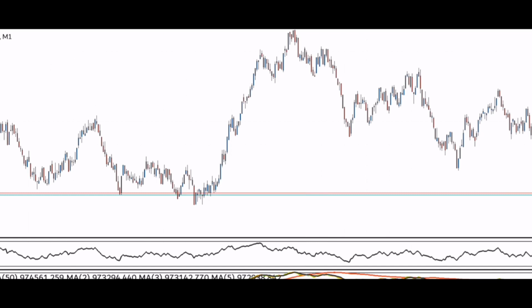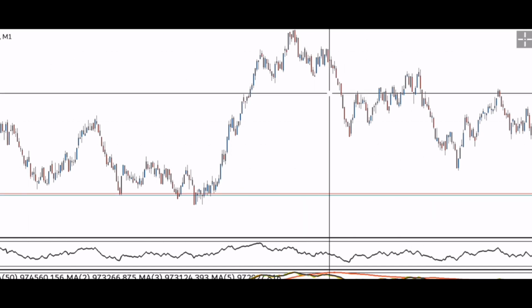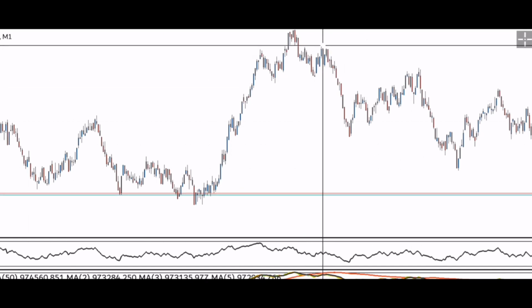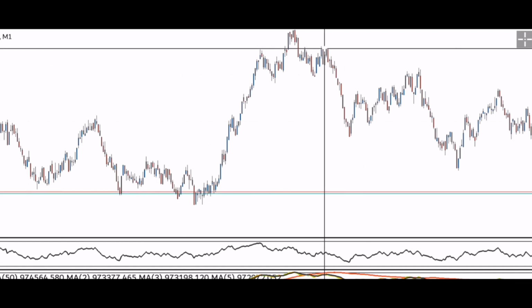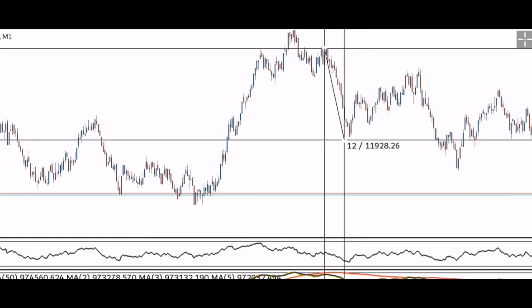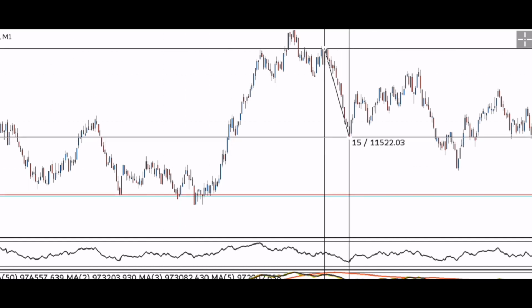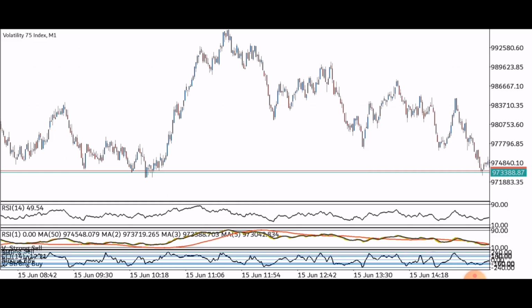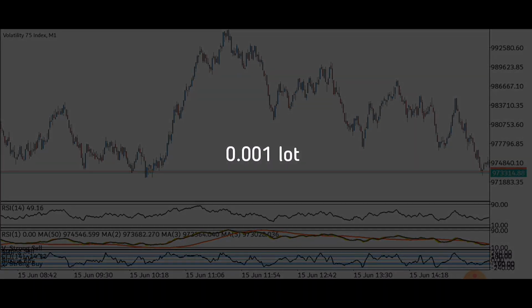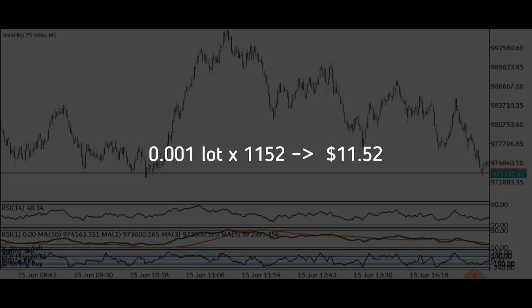But finally, if you come in at the point where there's a retest for a lower high, right, you're going to be banking this. Look at this, guys. You're going to be banking 1,152 pips. And if you're taking that with a 0.001 lot size, the 1,152 pips should give you about $11.5.